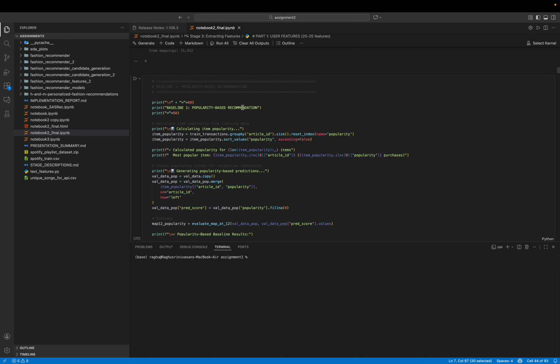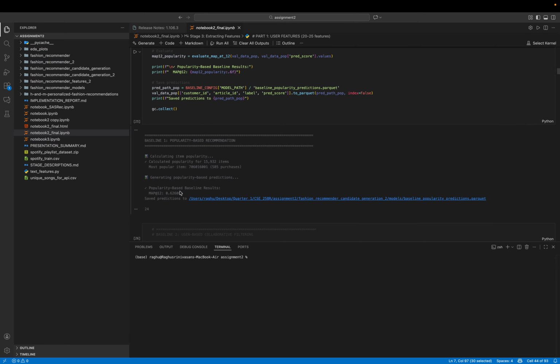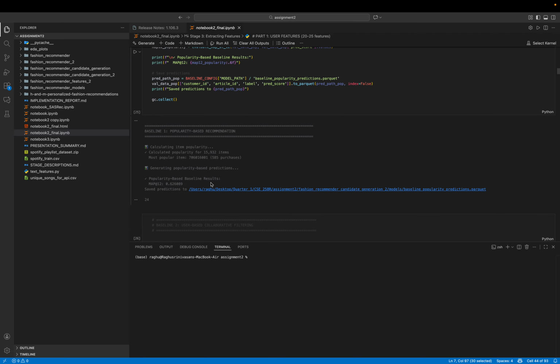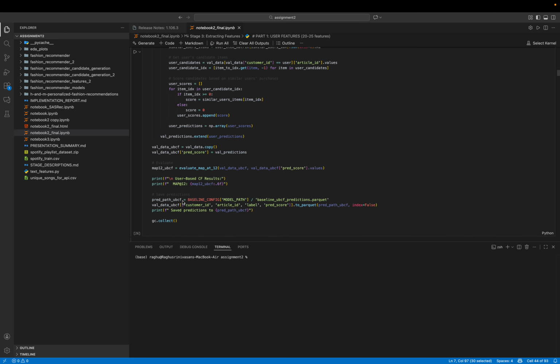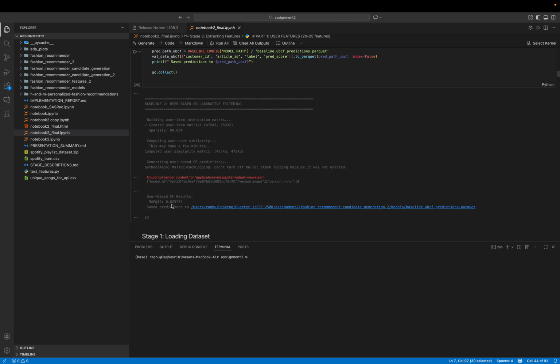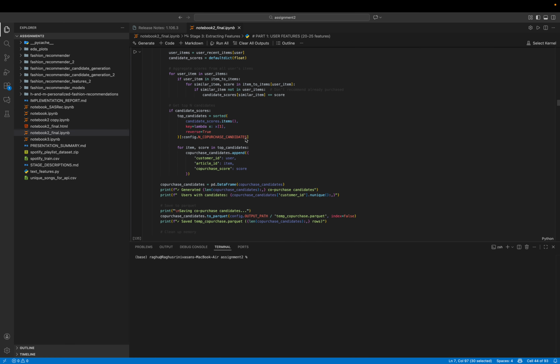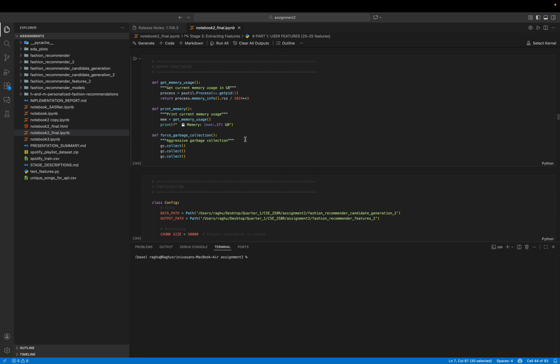This is the baseline one, which is the popularity based recommendation. This gives you a score of MAP 12 0.626, and this is the user based collaborative filtering result, again 0.625 MAP. And the whole training process of the model starts from stage 4, from here.